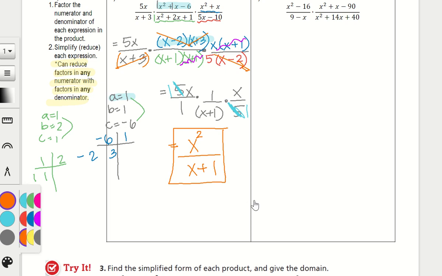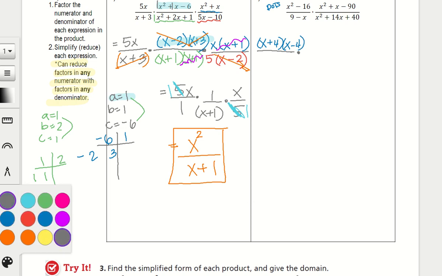So if I look at B, my numerator is x squared minus 16. So two terms, perfect square, perfect square. So that's a difference of two squares. So that factors to x plus 4 times x minus 4. My denominator doesn't factor that way because it's not x squared.